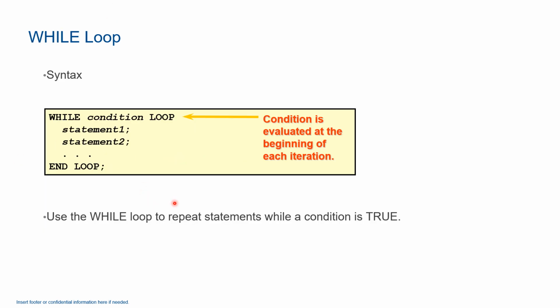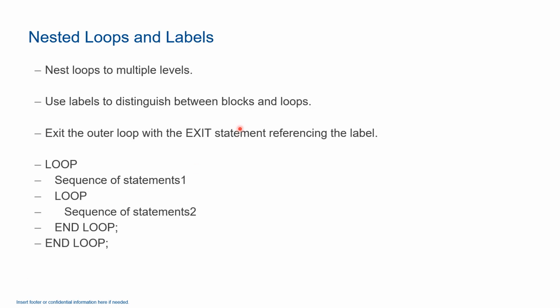Now the while loop. In a while loop, the condition is evaluated at the beginning of each iteration. So we use a while loop to repeat statements while a condition is true. This is the while condition loop, again with end loop. These are the delimiters, and then statements 1, statement 2. It doesn't have an example here, but it is similar to the for loop.